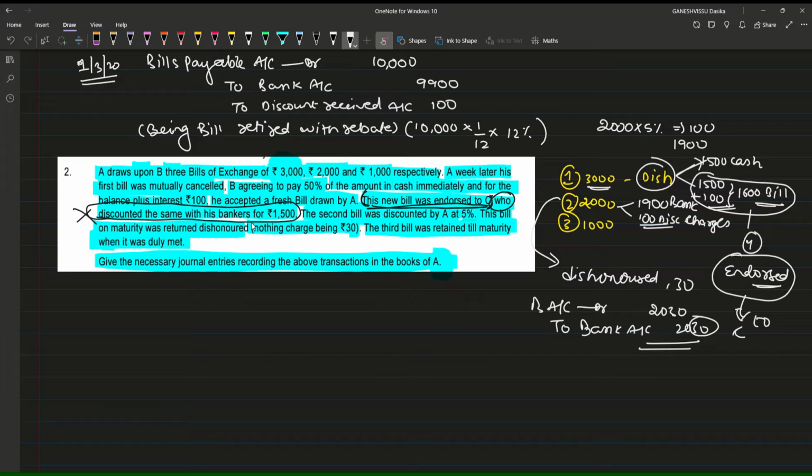The second bill was discounted at 5%, meaning ₹100 has been discounting charges for us. So for 1900 the bill has been discounted. And the second bill which has been discounted was dishonored on the maturity date.